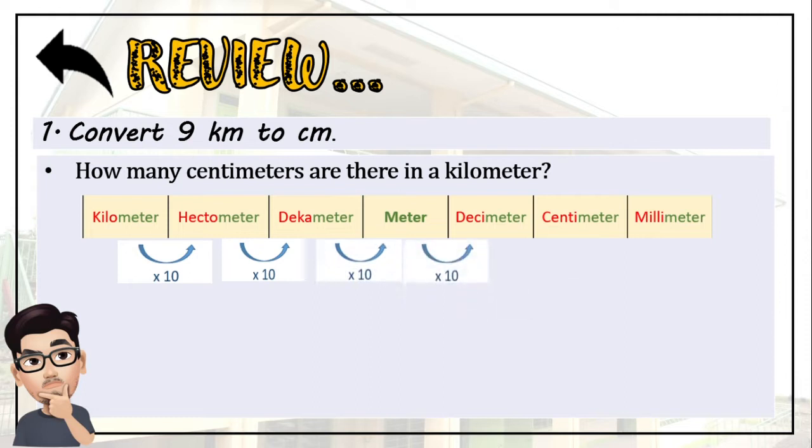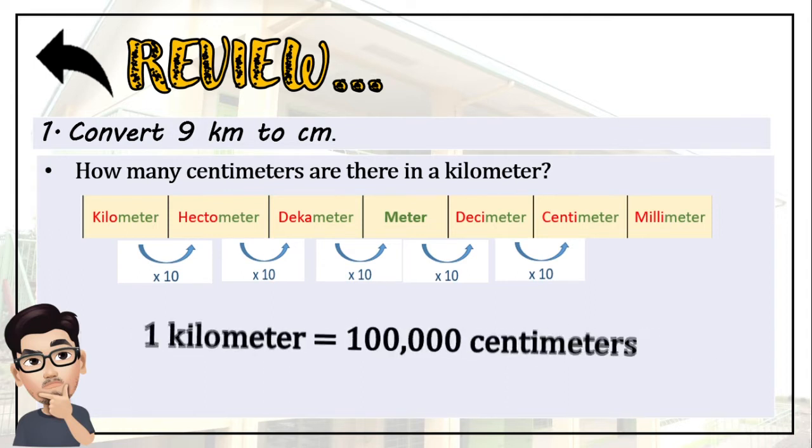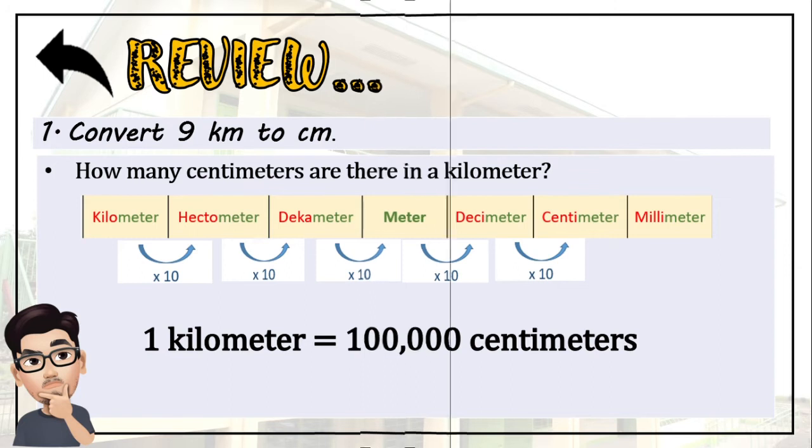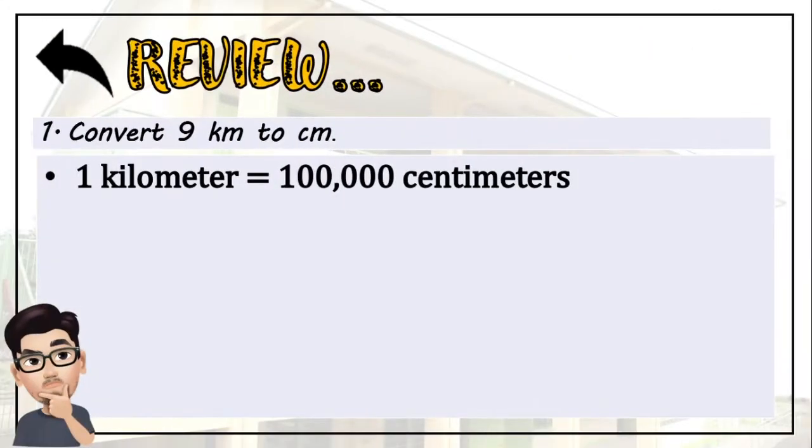Now, converting kilometer to centimeters, we need to hop 5 times, and each hop we need to multiply it by 10. So from kilometer to centimeter we will have 100,000, meaning the conversion fact 1 kilometer equals 100,000 centimeters is what we're going to use later on.